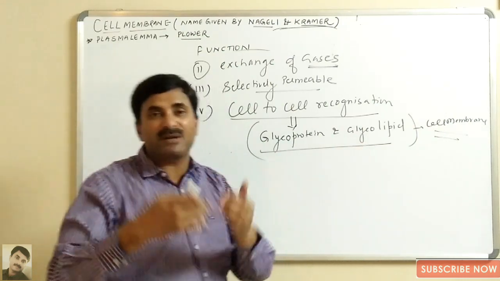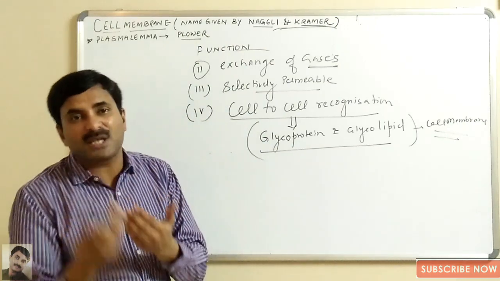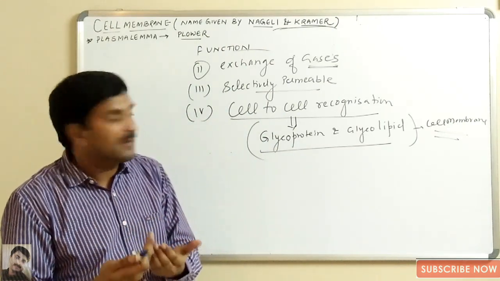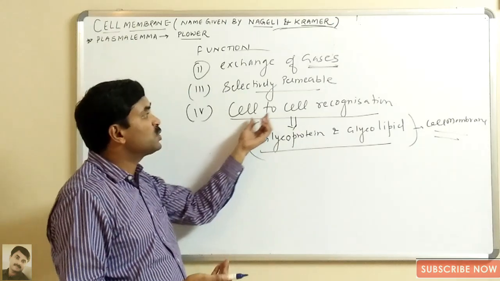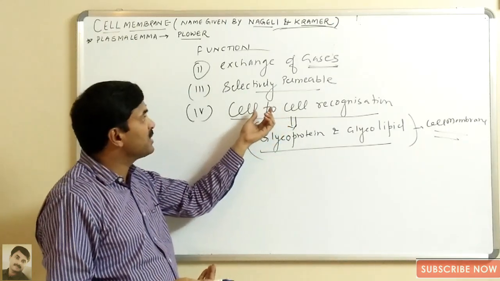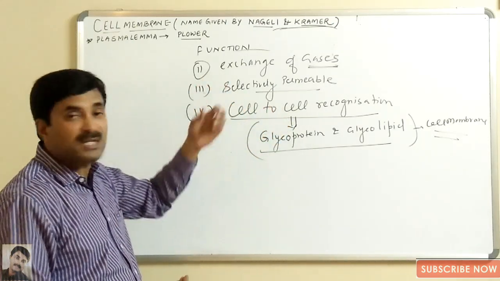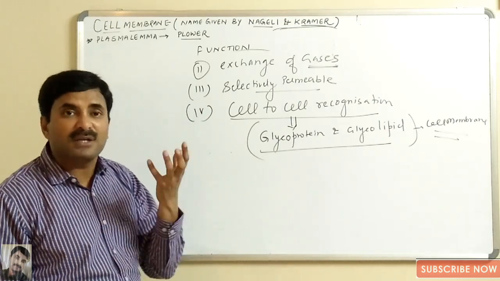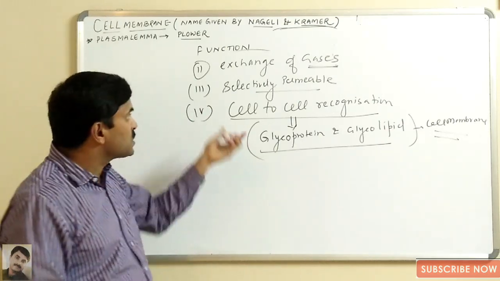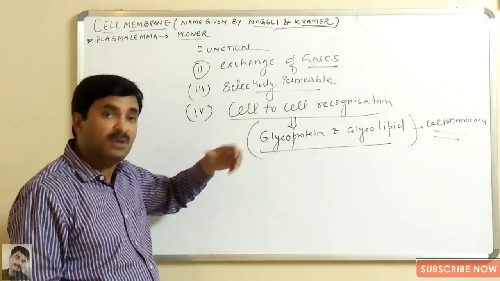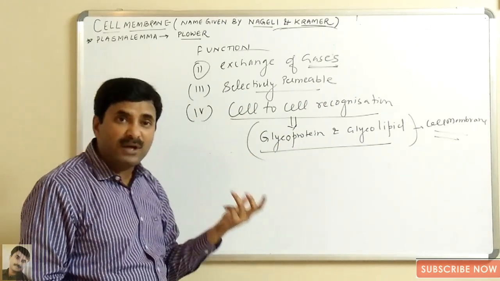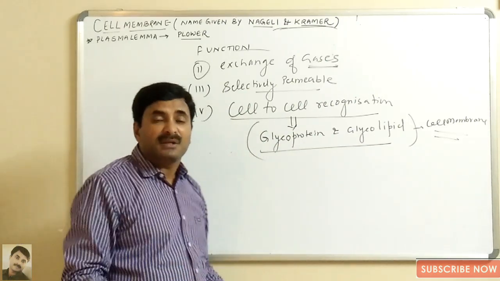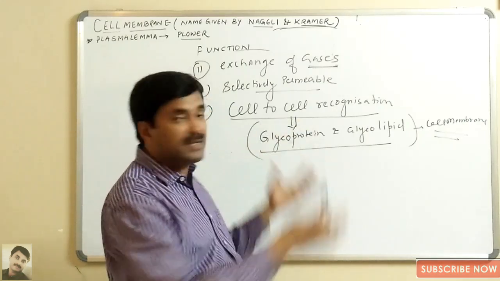Liver cells cannot be transferred into the kidney, kidney cells cannot be transferred into the liver. So this was cell to cell recognition. So dear student, this was the function as well as the structure of the cell membrane. You must remember the structure also, and you must remember the function also. So this was the description of the cell membrane.